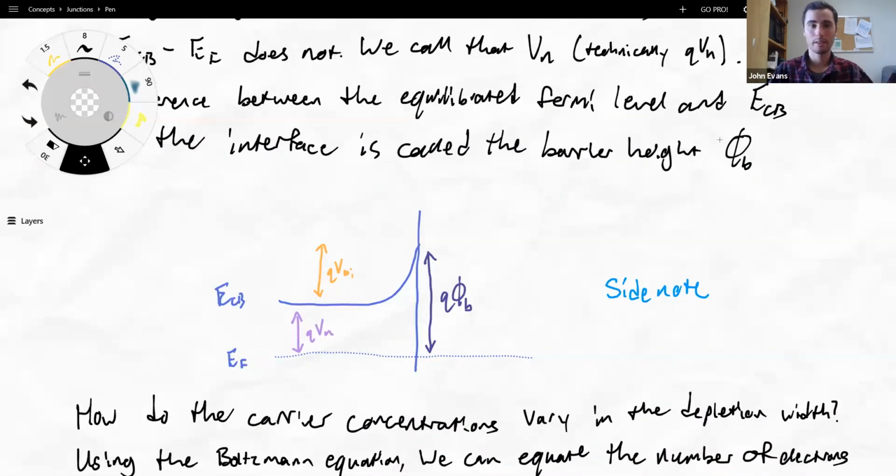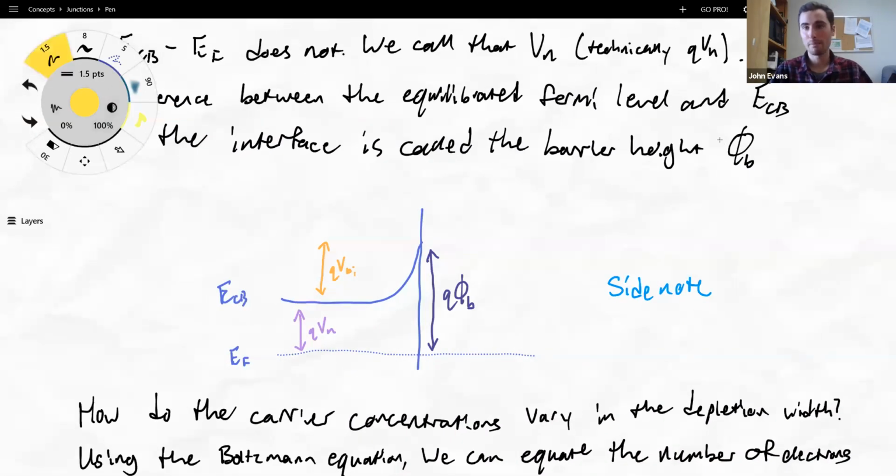So if you look at a band bending diagram, the difference between where this conduction band started and where it ended is our built-in voltage. The difference between where our conduction band and our Fermi level are at equilibrium, or in the bulk, is our V sub n. Our barrier height is both of those added together.